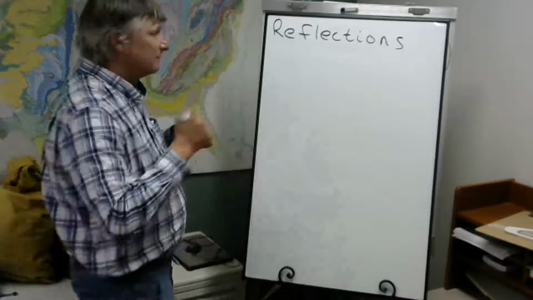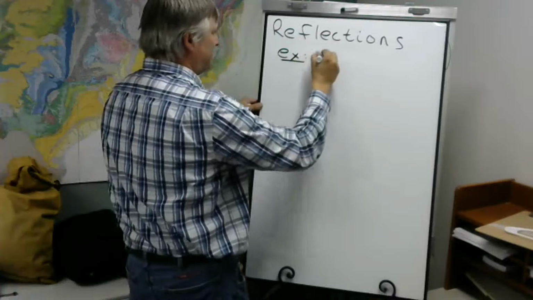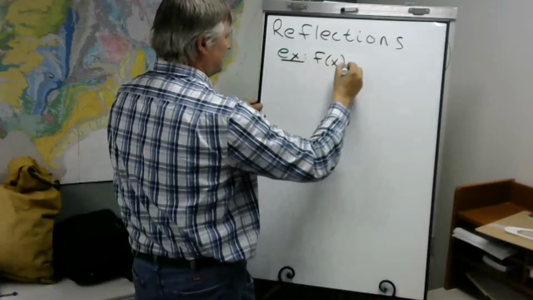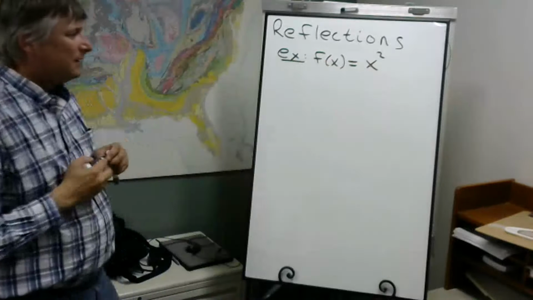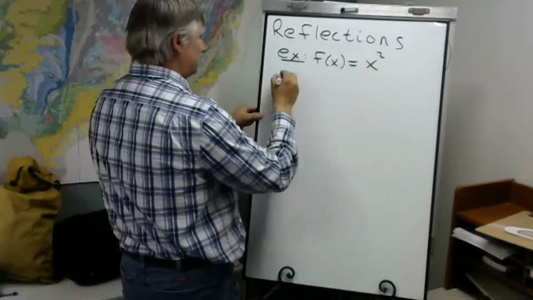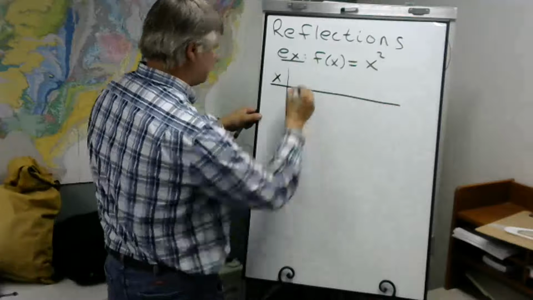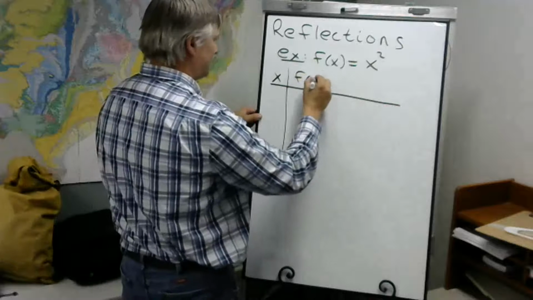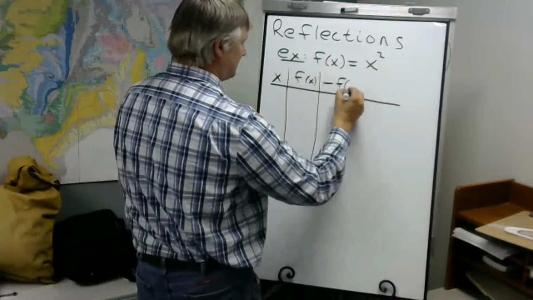So let's say we have our function, again, f of x equals x squared. So in this case, what we're going to do, we have our x and our f of x. Here's a minus f of x.